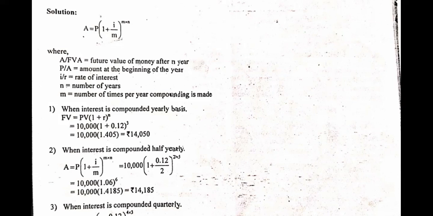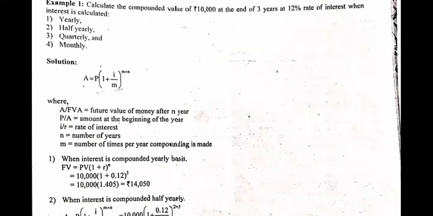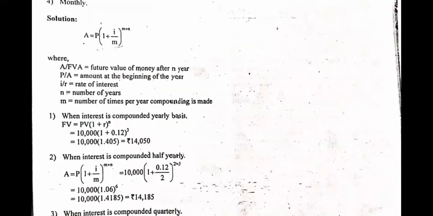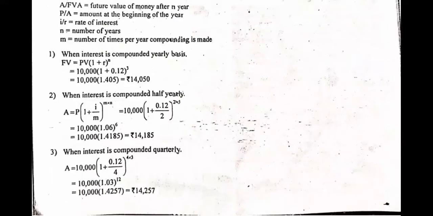Now let us see the third part. He has told you quarterly. If compounding is done quarterly, how many times in the year? Quarterly means 4 times in the year. There are 4 quarters. Now when interest is compounded quarterly, we use the same formula.